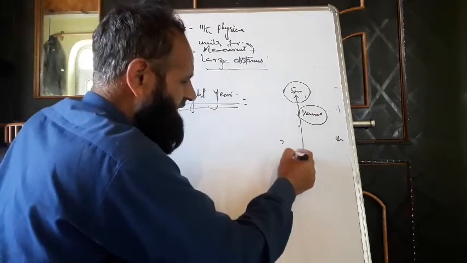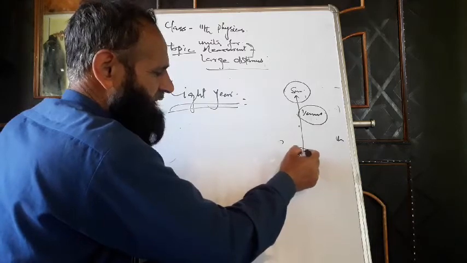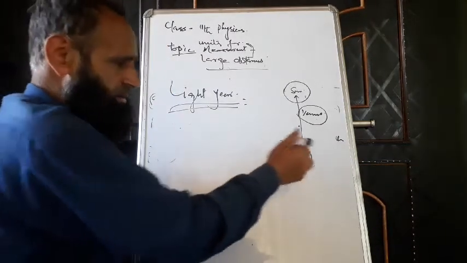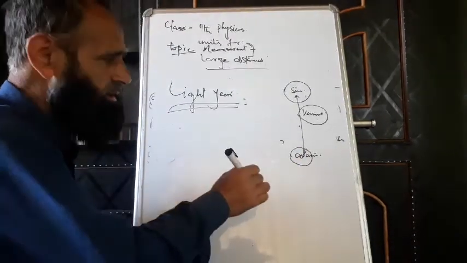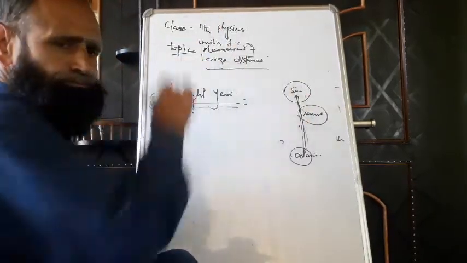Only a few kilometers, not more than 40 kilometers, it travels through air in the Earth's atmosphere. The large distance is in vacuum.